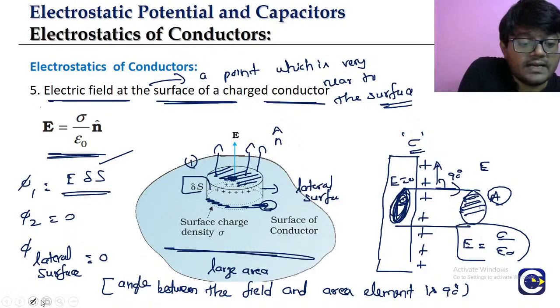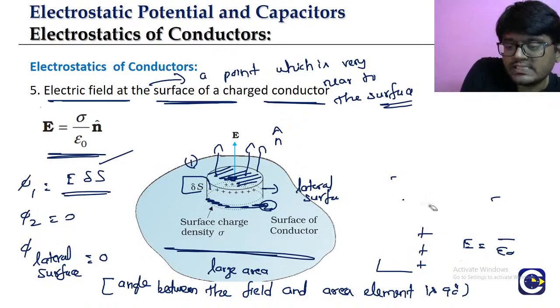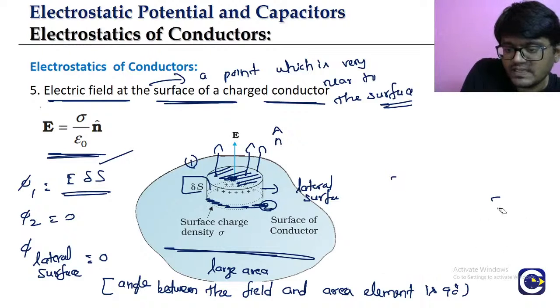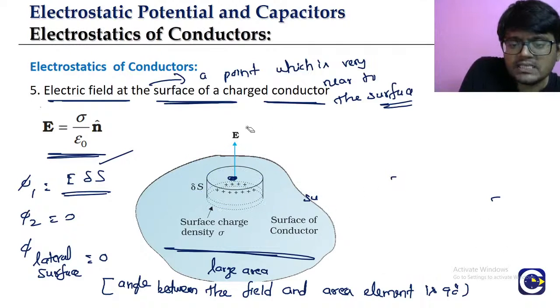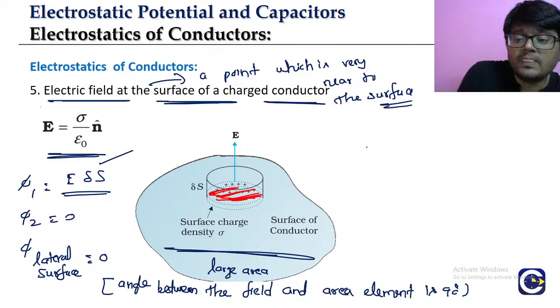So what is that flux through circular face 1? This is the charge enclosed inside that Gaussian surface that we created. See, what is the charge enclosed inside the Gaussian surface? The part of the surface that is cut is delta S. So the flux, E into delta S, is equal to the charge inside.